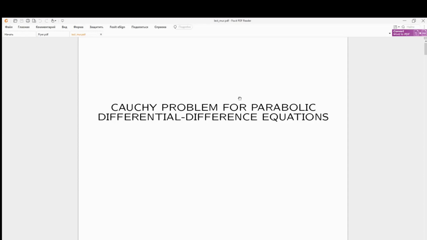Certainly, it did not mean that only equations known from the general university course are important. There are equations not belonging to any of the three famous types: elliptic, parabolic, and hyperbolic. And there are nonlinear equations, etc.